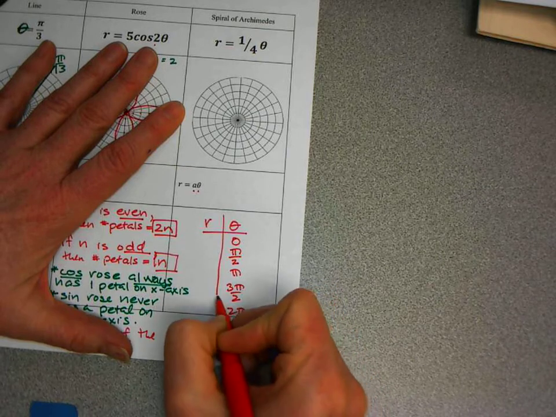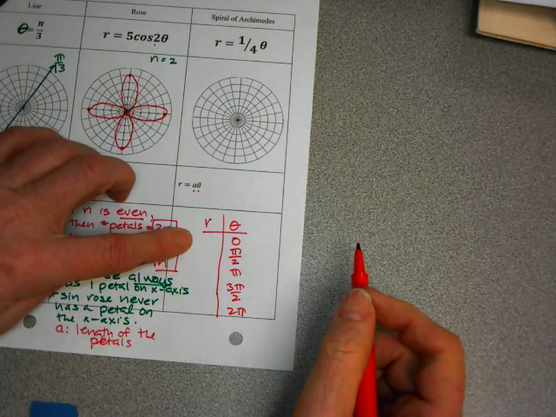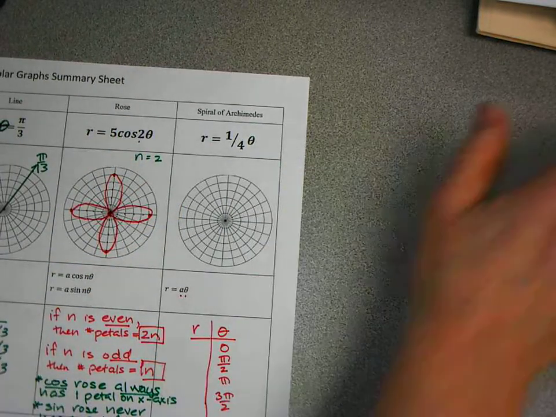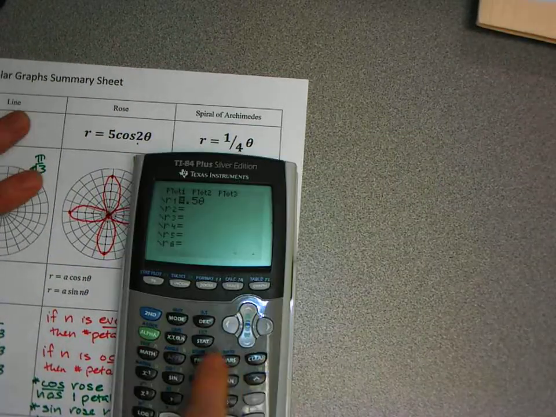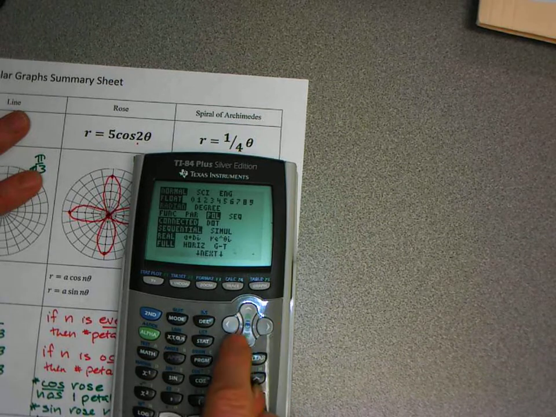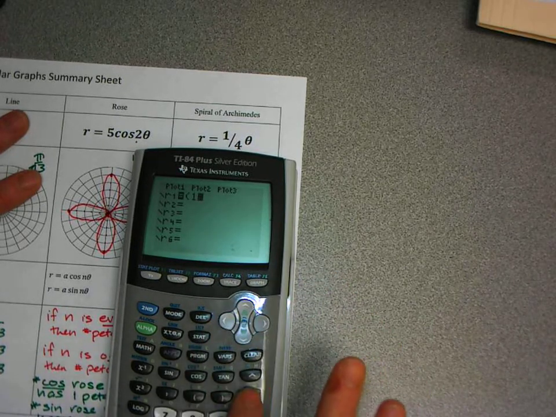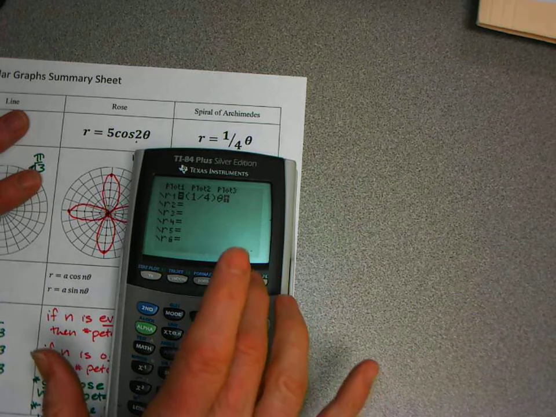As we go around, we have to plug in theta and calculate r, and we let our calculator do this. Make sure you're in radian mode and polar graphs. Go to y equals, and my equation now is 1 divided by 4 times theta. Plug in your equation.